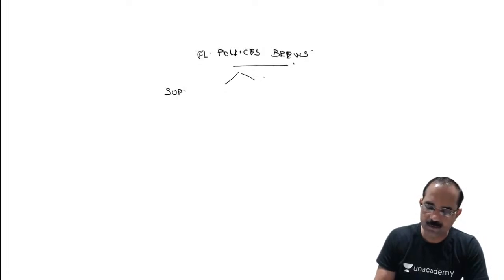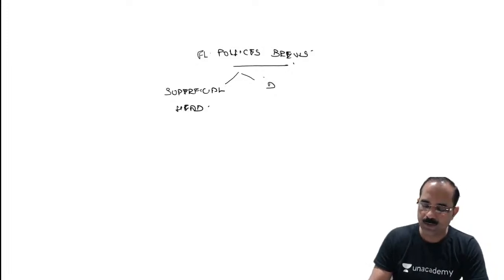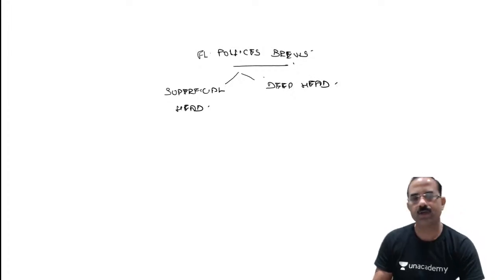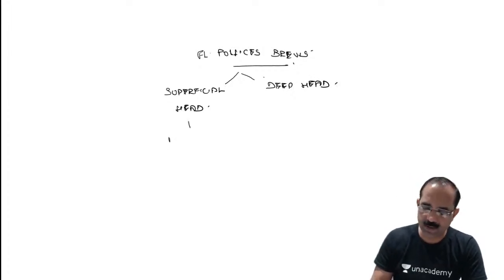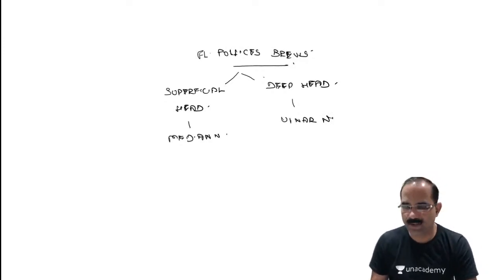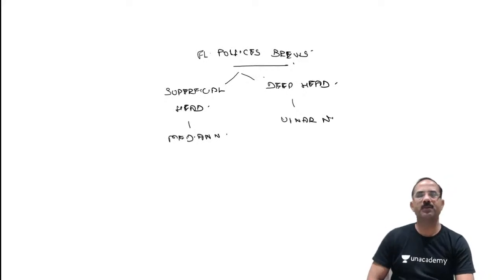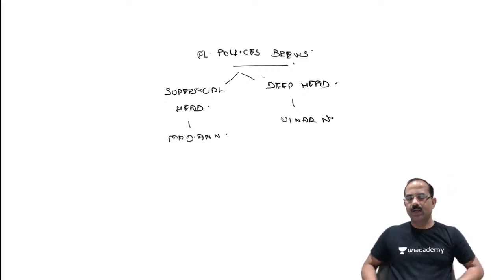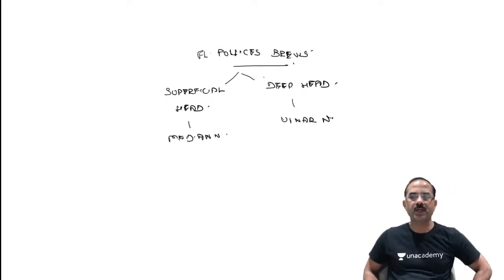One superficial head and the other one is a deep head. Superficial head is supplied by median nerve and the deep head is supplied by ulnar nerve. Clear to all of you?